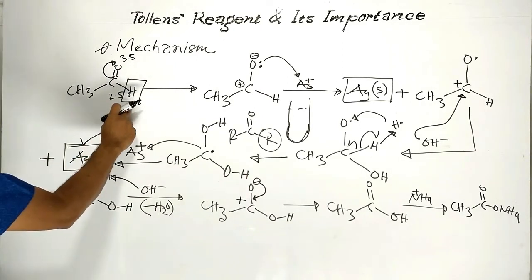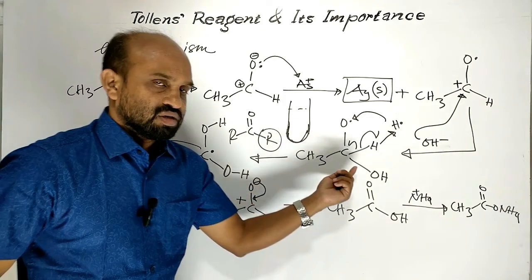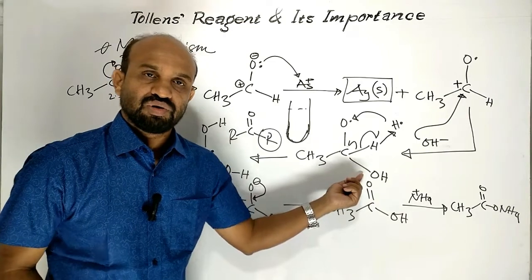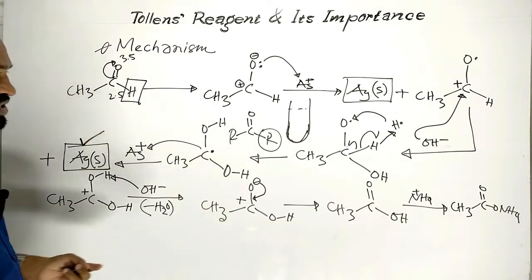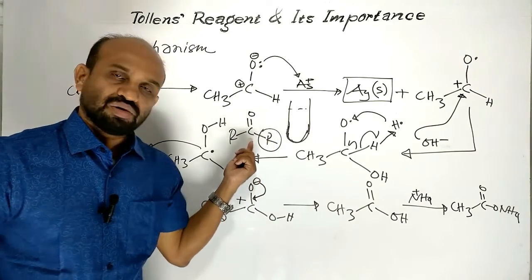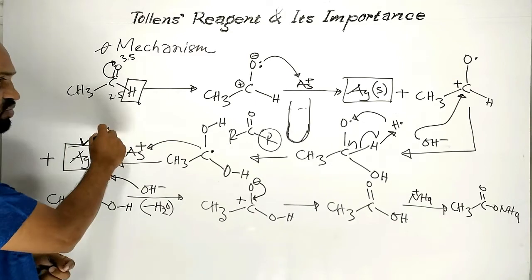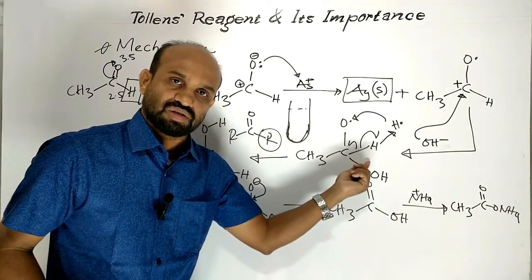If it is an aldehyde, then silver mirror is formed. This aldehyde hydrogen is responsible for making the silver mirror. If it is a ketone, no hydrogen is present, so no silver mirror will be formed.